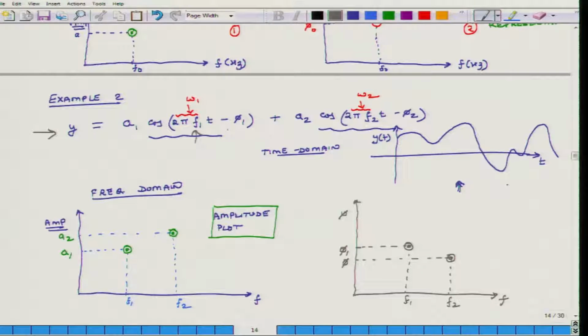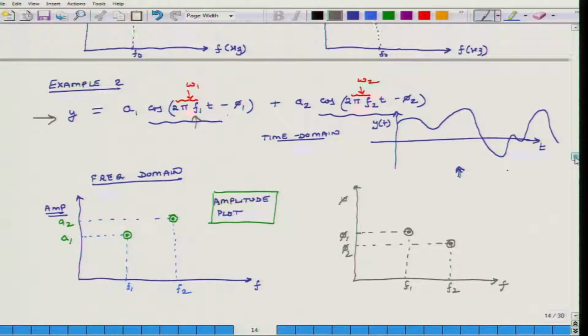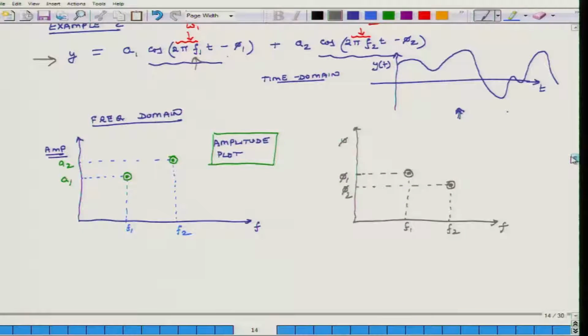Okay. So, this is the frequency domain representation. With this background, I hope that I have been able to explain that one signal in time can be expressed either as a cosine, as a time domain signal, or we can also represent it in the frequency domain.